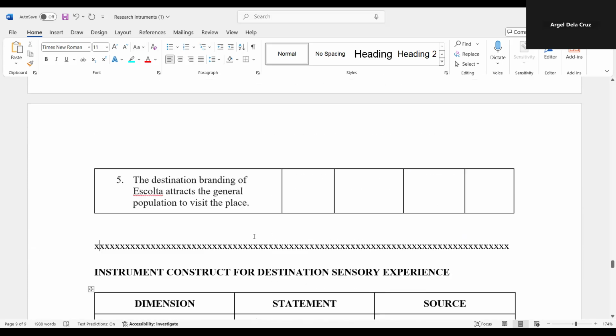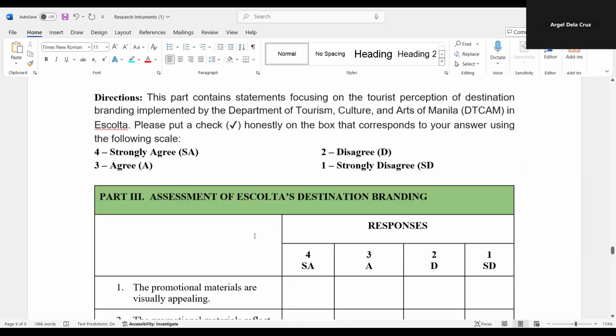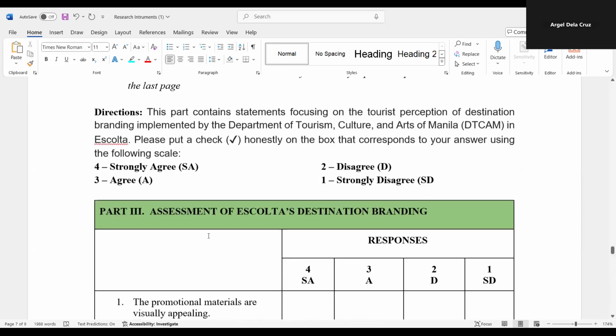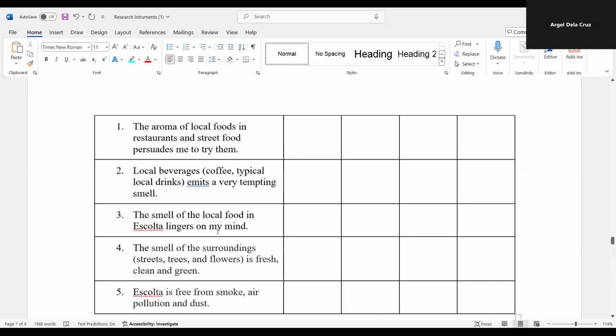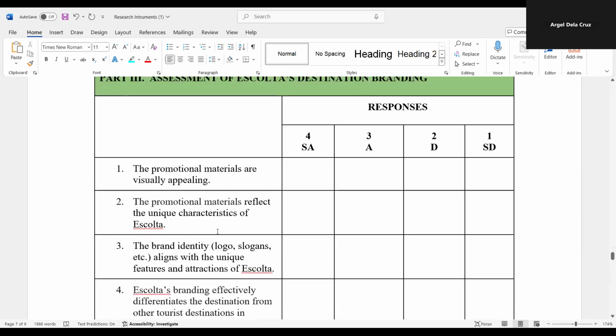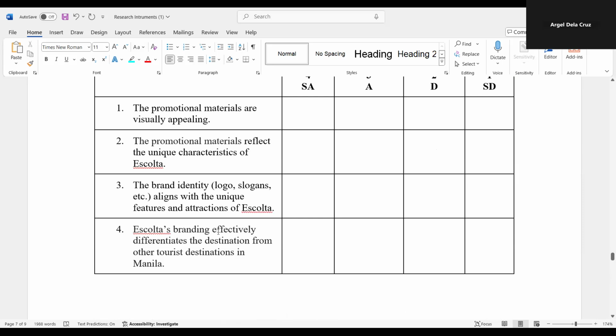Now, for this one, it's constructed, and since it's constructed, it was validated by the DTCAM and sino ba naman ako para kontrahin to since they have consulted with the user or beneficiary sa DTCAM. So my tendency is to agree with them because they are the user, they are the DTCAM.